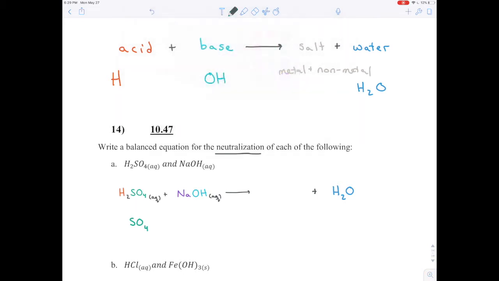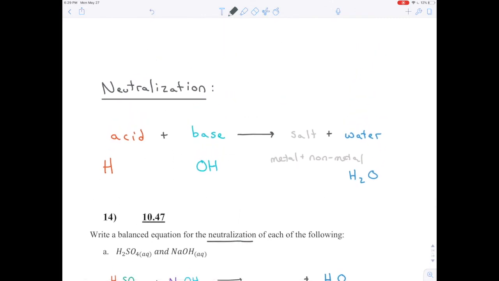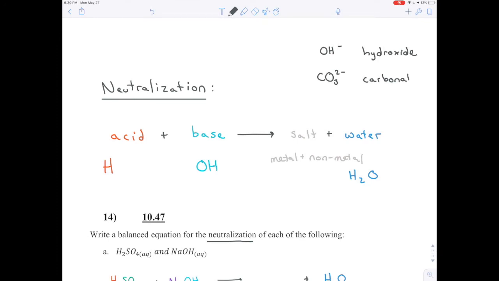Remember that there are 3 polyatomic ions that you would be expected to memorize. The first one is OH-, and that's called hydroxide. The second is CO3, 2-, and that one is carbonate. And the third one is PO4, 3-, and that is called phosphate.